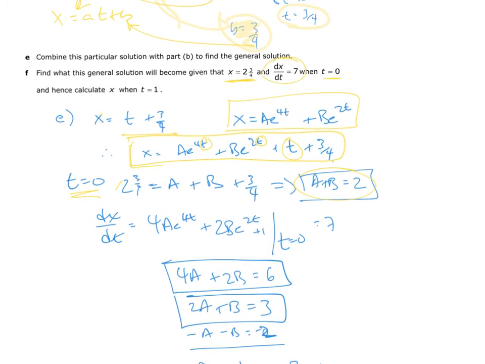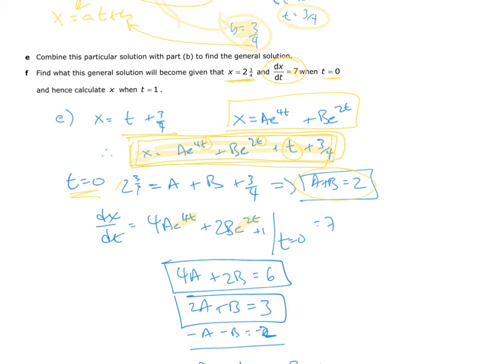So if I take the derivative of this, I end up with this, with a plus 1. I missed that the first time. Plug in 0, I'm told it equals 7. And so when t is 0, these go away, of course, and it's a plus b equals 1.